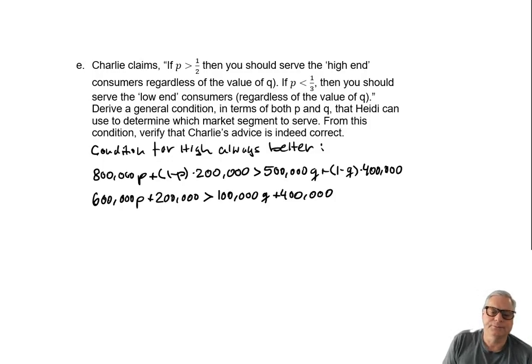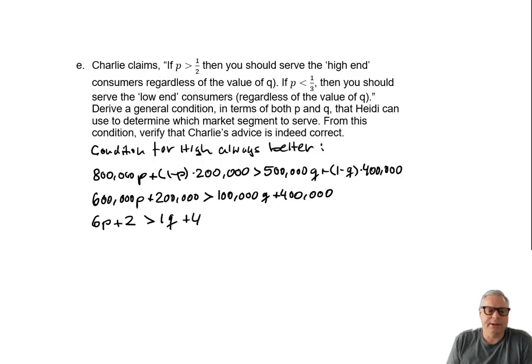Well, now we have a lot of 100,000, so let's just divide everything by 100,000, and then we get 6P plus 2 needs to be greater than 1Q plus 4.